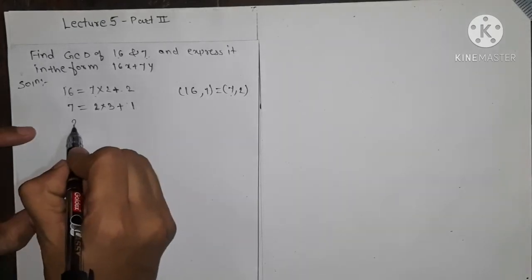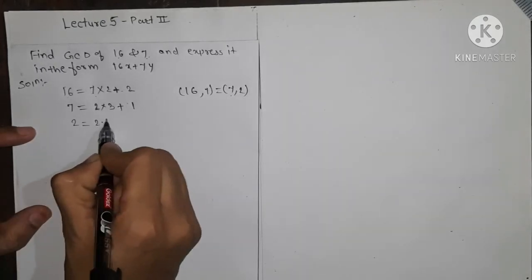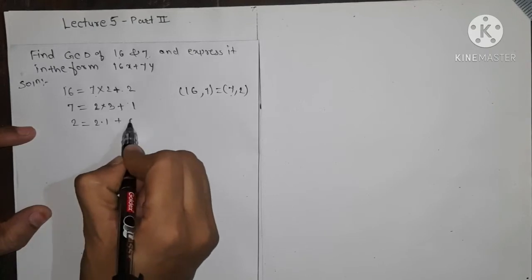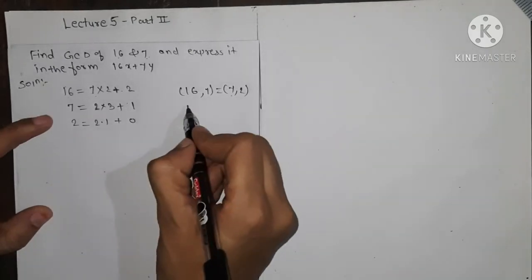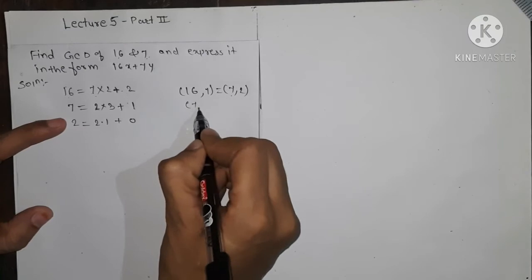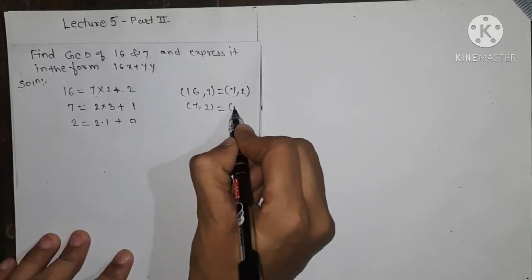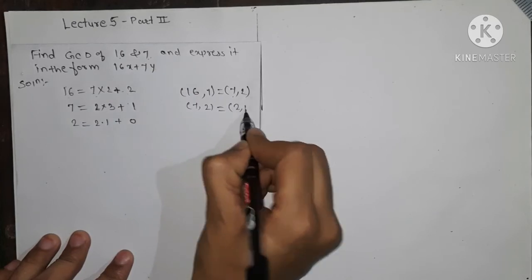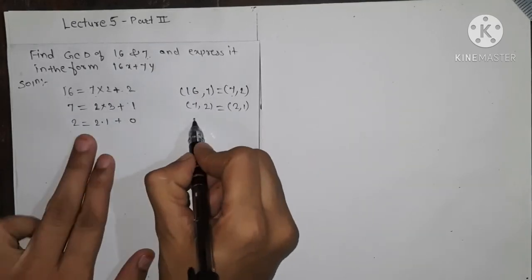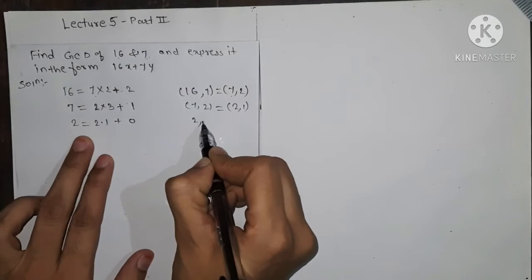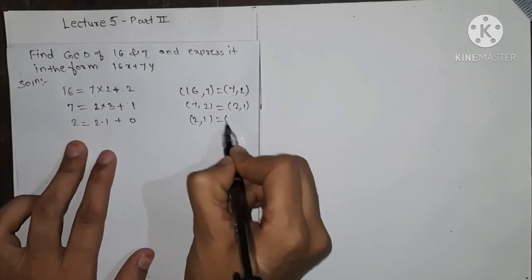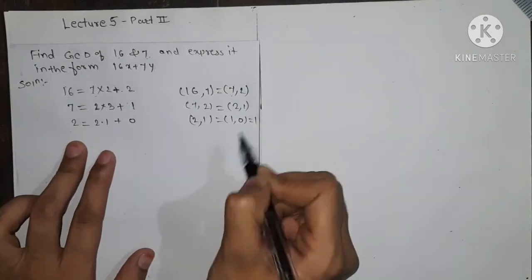So we write 2 is equal to 2 into 1 plus 0, right? Because the GCD of 7 comma 2 is equal to the GCD of 2 comma 1. Again the GCD of 2 comma 1 is equal to the GCD of 1 comma 0, that is equal to 1.